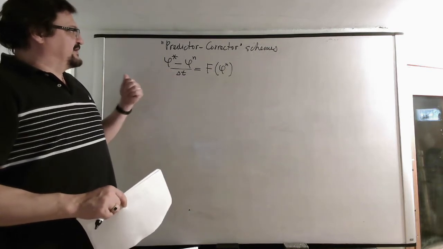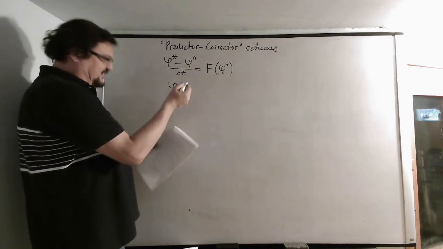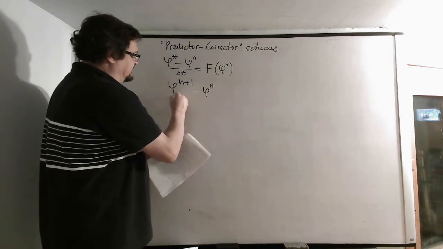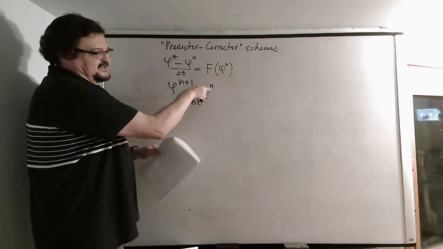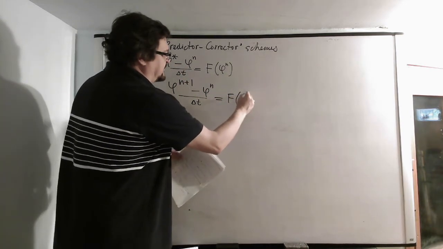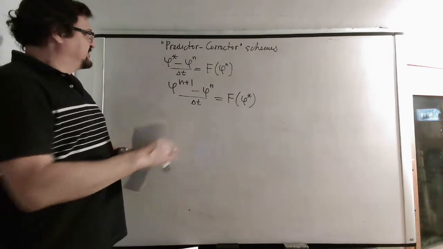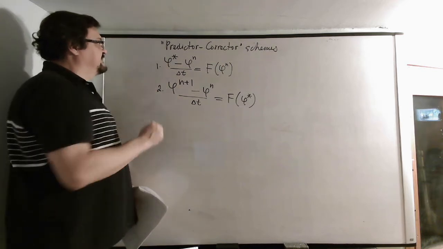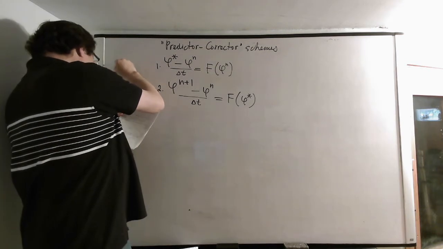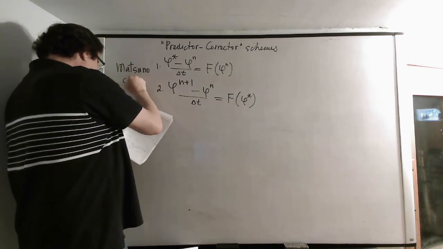So you first do your Euler step, and then you improve it by running it again. But this time your actual solution is phi star minus phi n over delta t. So here you have n, not star, but the right hand side is evaluated using star, your provisional solution. So this is the first step, this is the second step. This is called the Matsuno scheme.